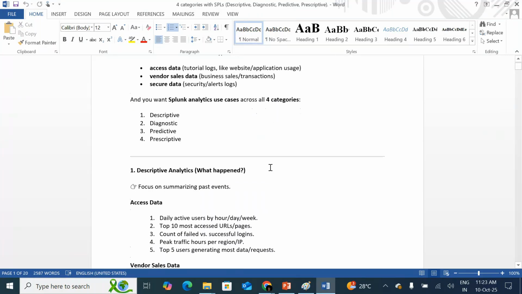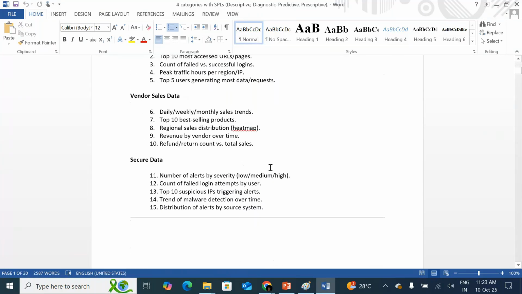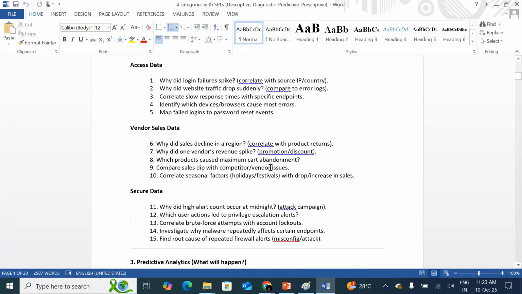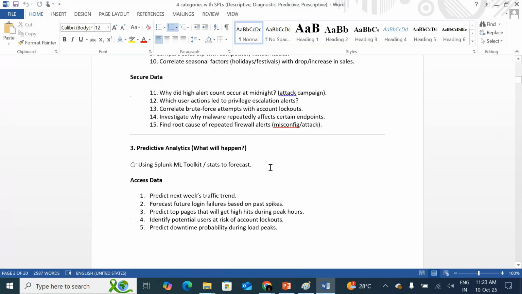Okay, and the next one is predictive. Predictive means what will happen. See, only cybersecurity is running very well and other tools are not running well, which means in the next 1 year maybe only cybersecurity classes will be running, and maybe the other courses will shut down.